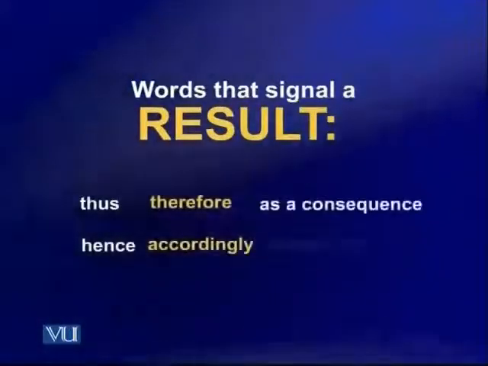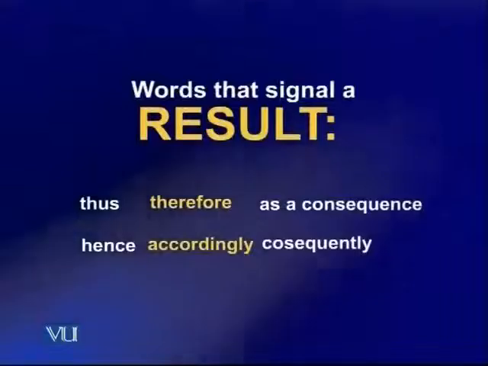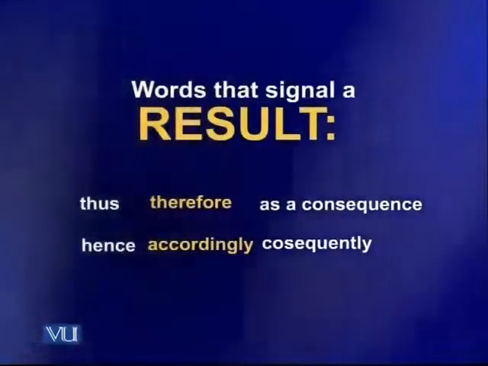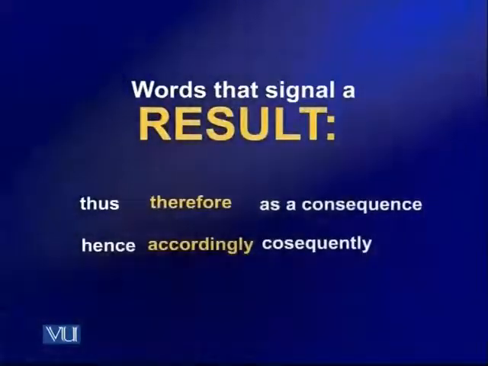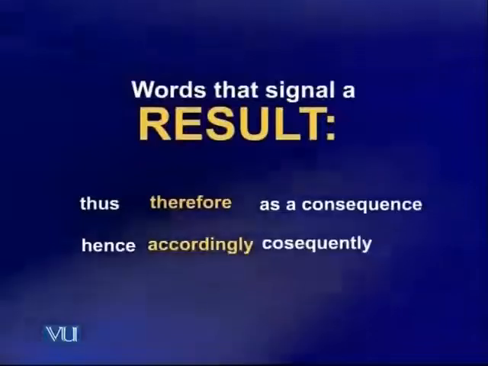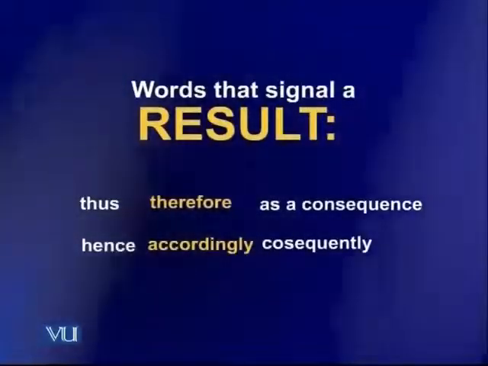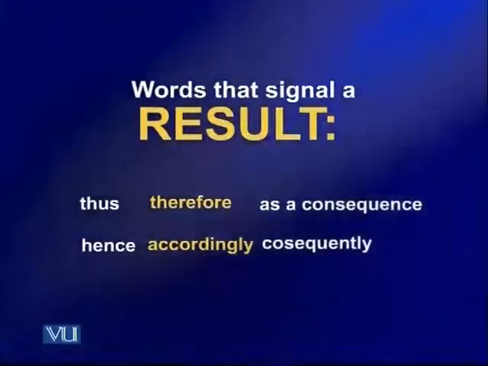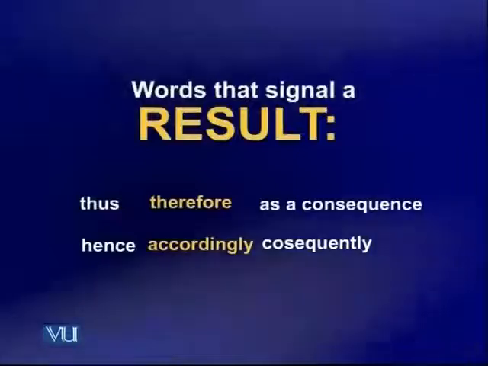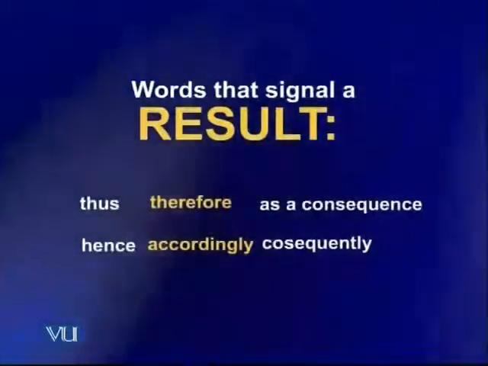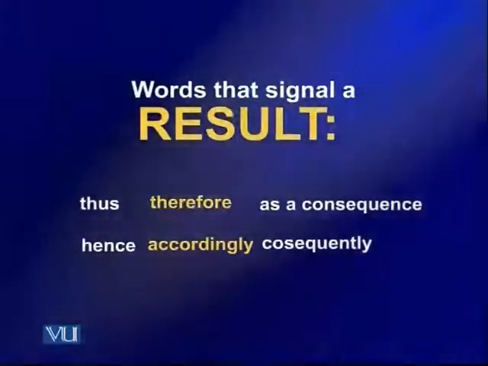Let us look at signals that show result. On your screen you will see 6 words, 4 phrases, and if you look at them carefully you will notice that they are markers that signal result.